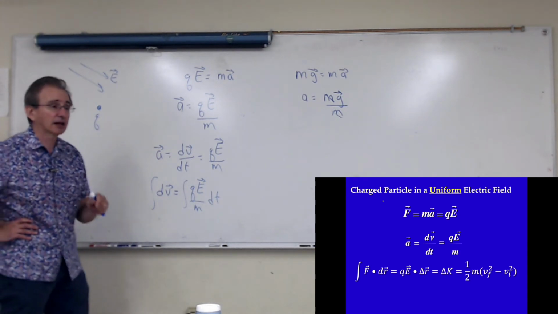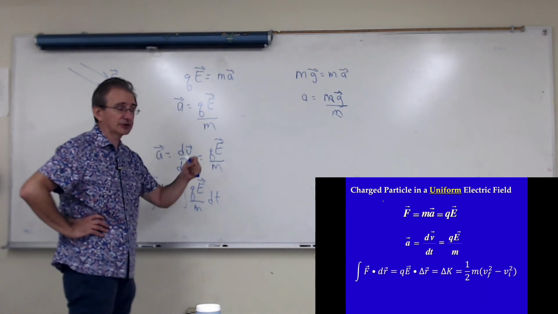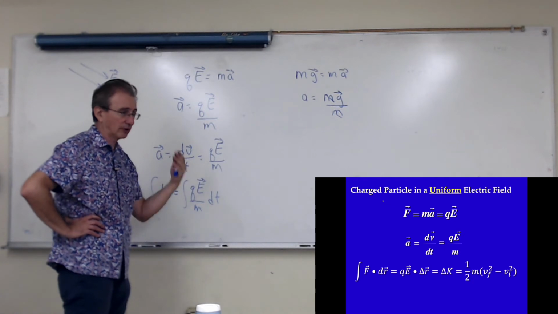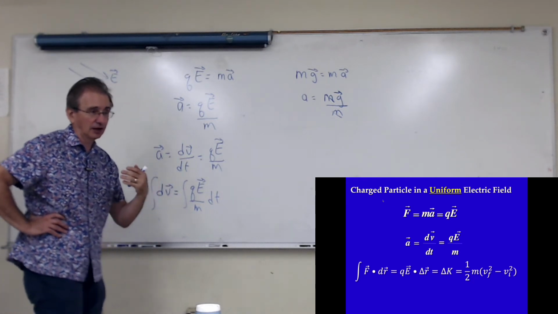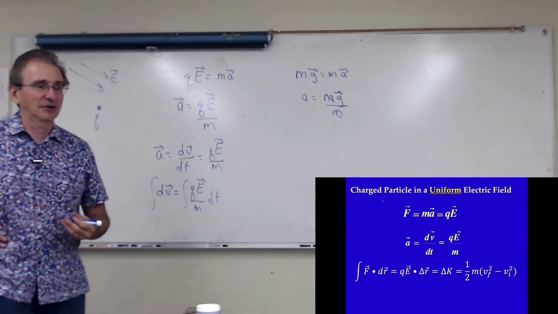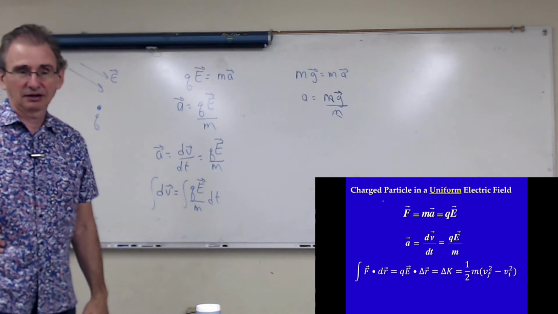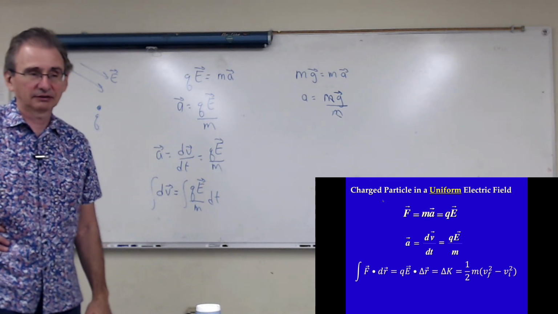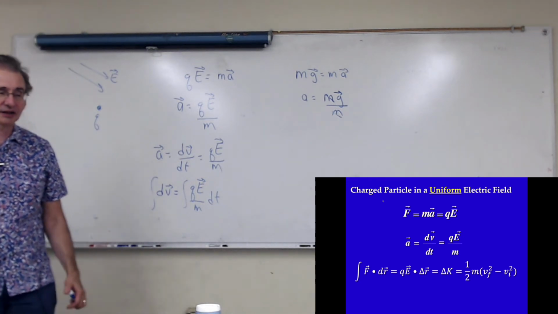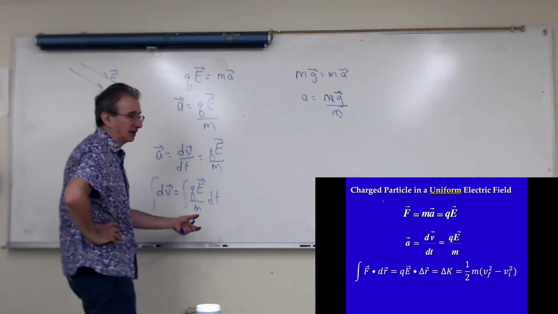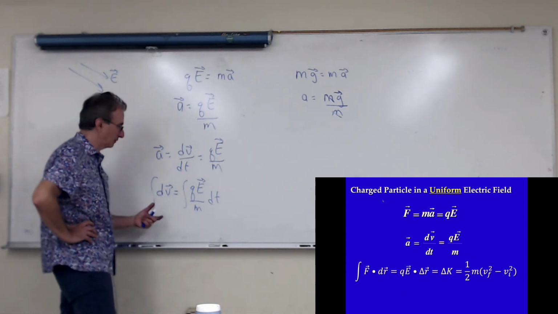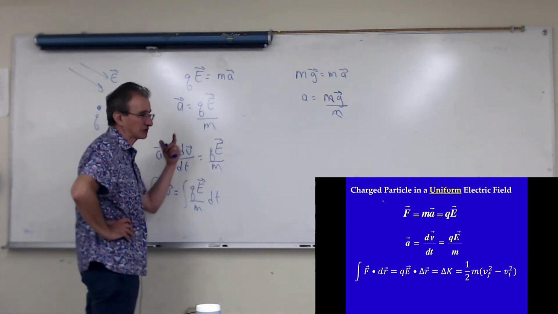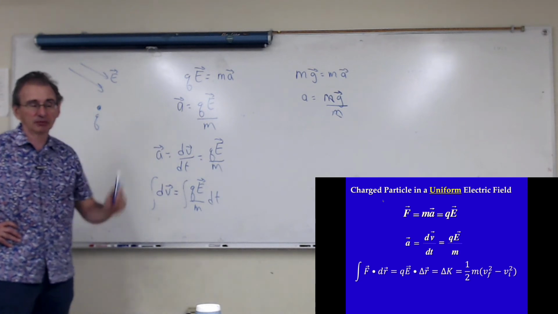Our focus is mainly going to be on the case where E is constant and uniform. Same thing as a falling object in a gravitational field. You will find that the method in which you solve the problem for a charged particle in an electric field is the same as a projectile problem.